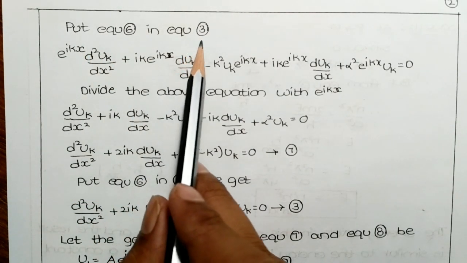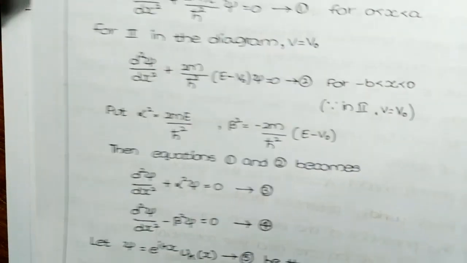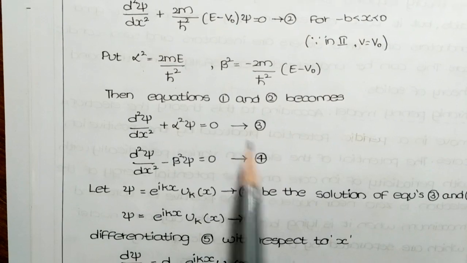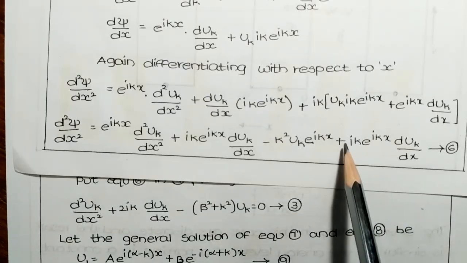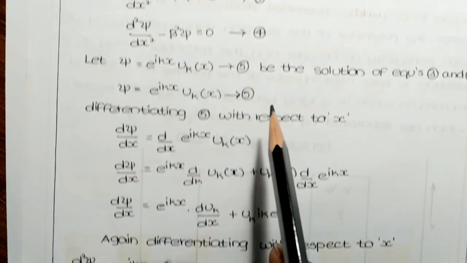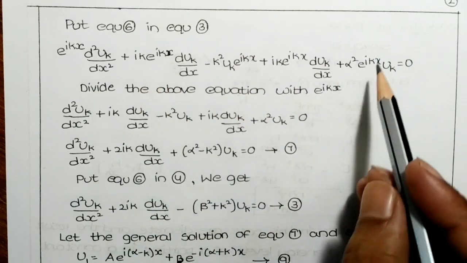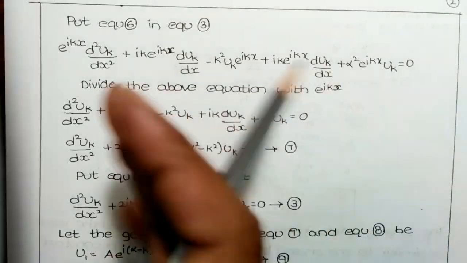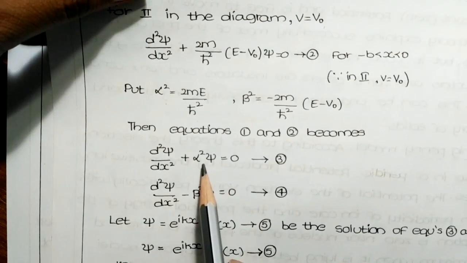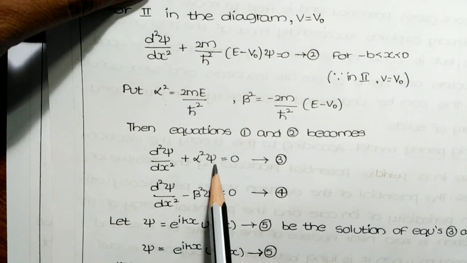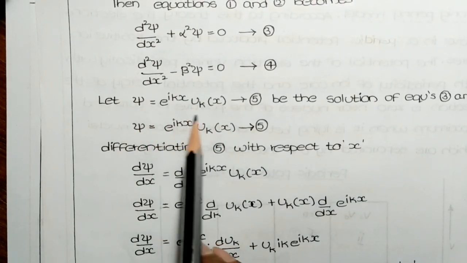Okay, I got equation 6. Now put equation 6 in equation 3. In place of ψ in α²ψ, we have to put this equation here.